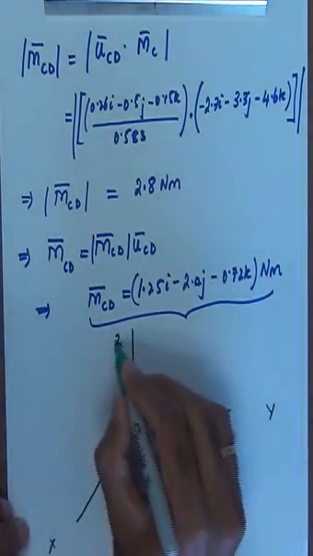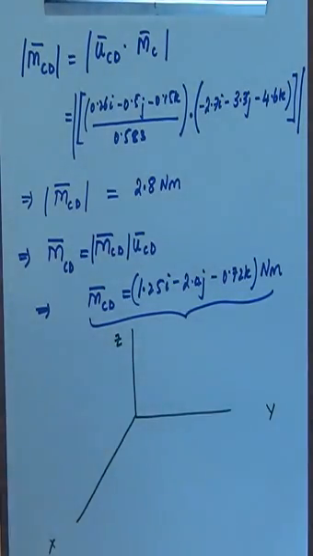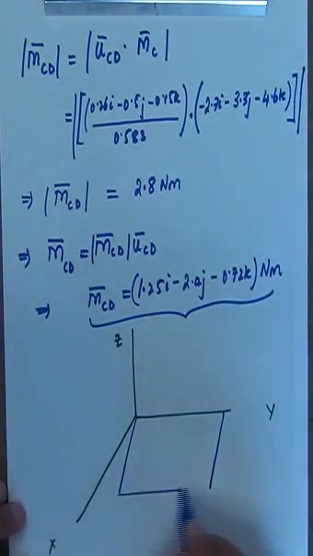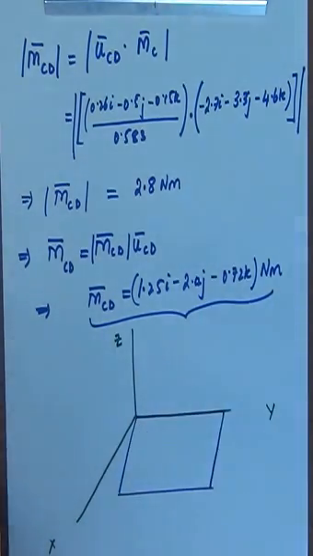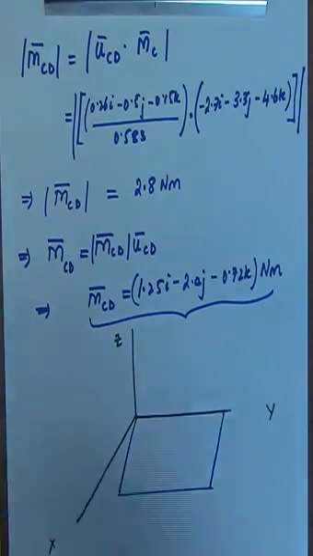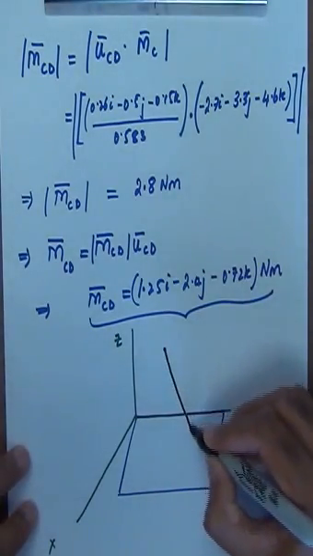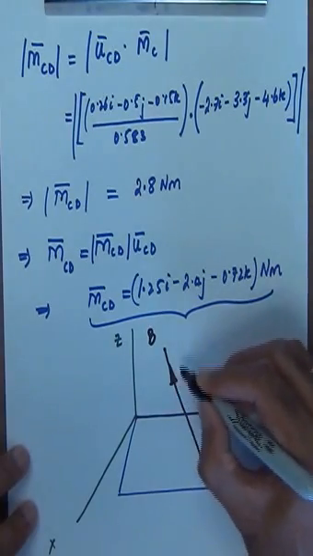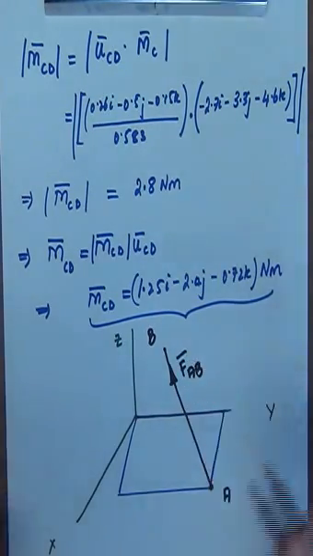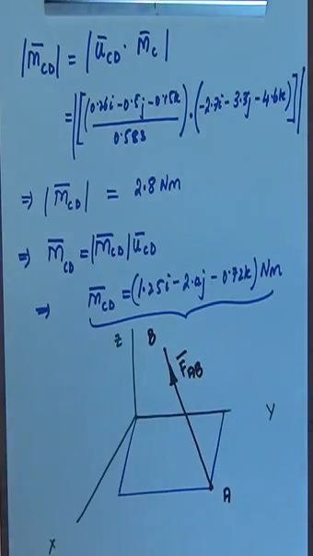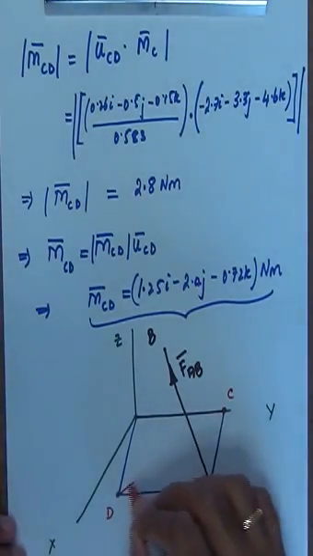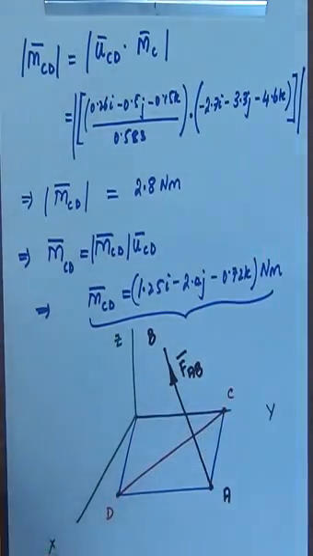X-axis, Y-axis, and Z-axis. I have the door, and then I have the force from the point A to the point B, as I have drawn here, point A to point B. Here is the direction of the force vector, and then I have the line of interest, as you can see, is from the point C to the point D. So here is my line.